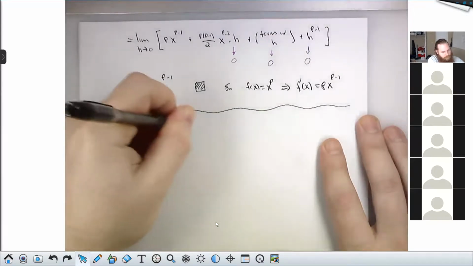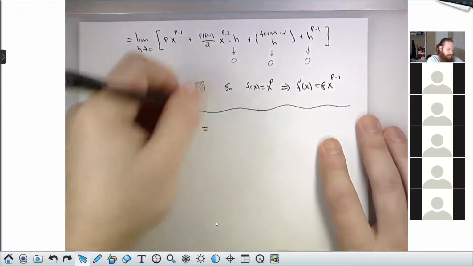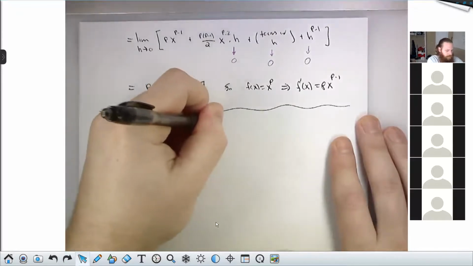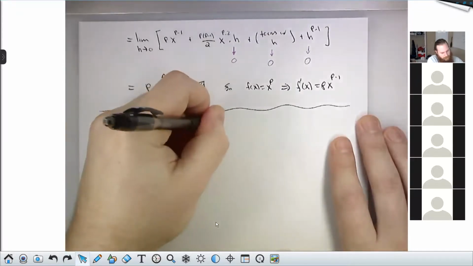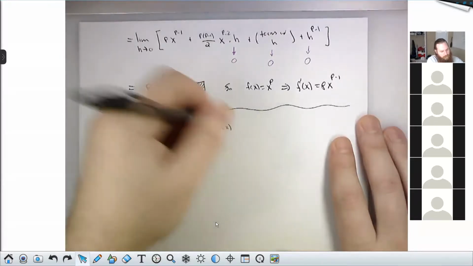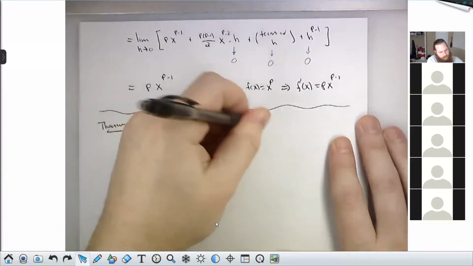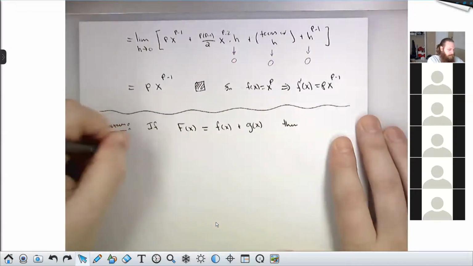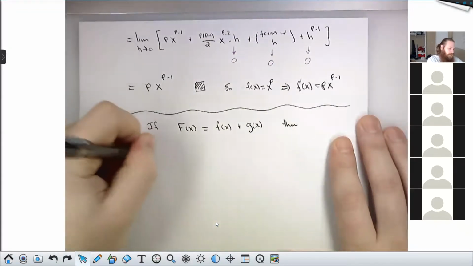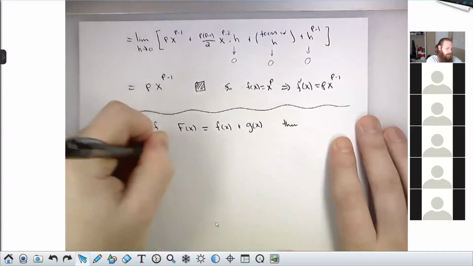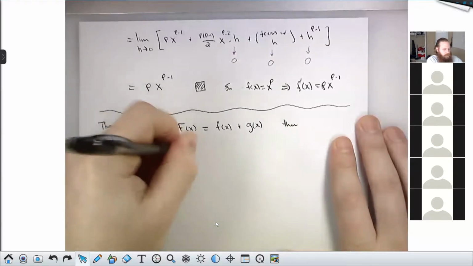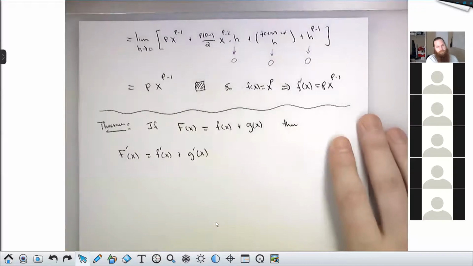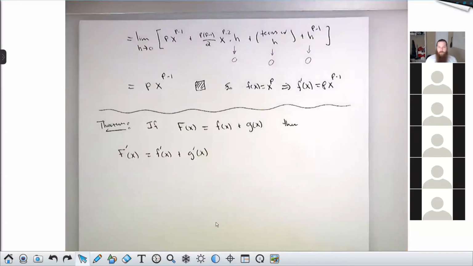Call it capital F of x is equal to little f of x plus little g of x, then capital F primed is little f primed of x plus little g primed of x. So if you want to take a derivative of a sum, you can just differentiate each piece on its own.